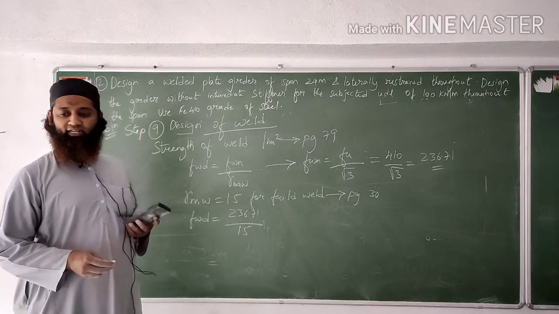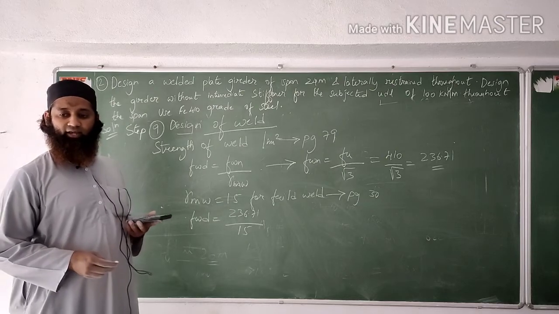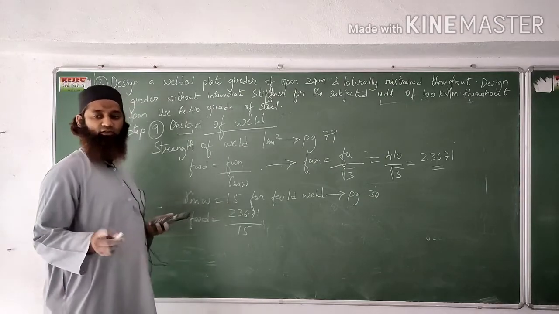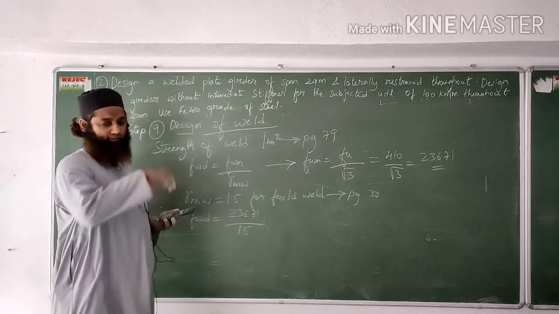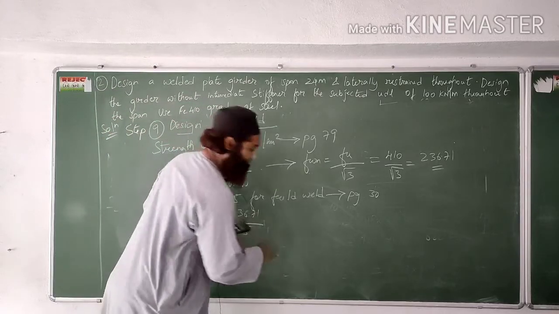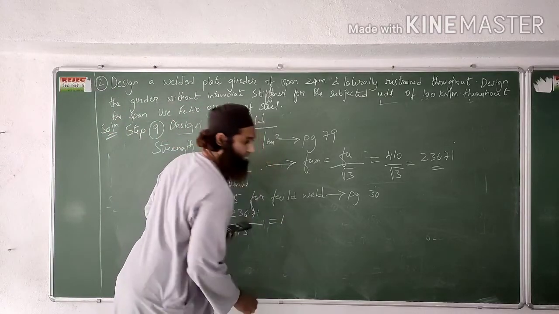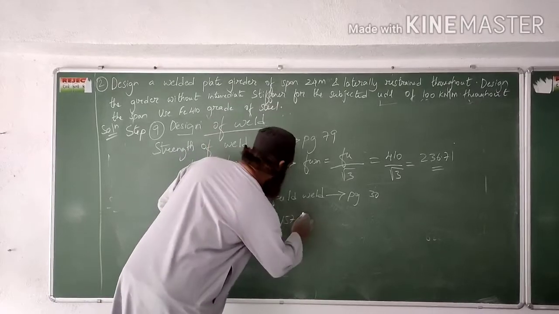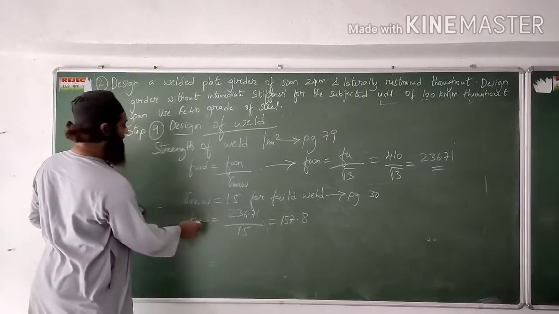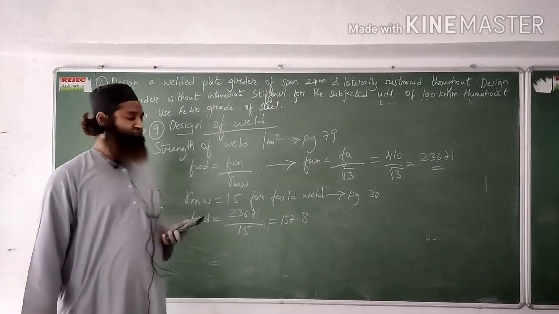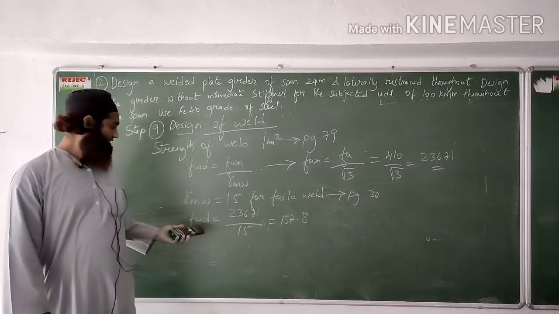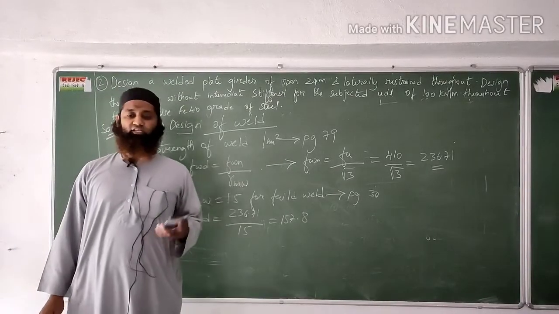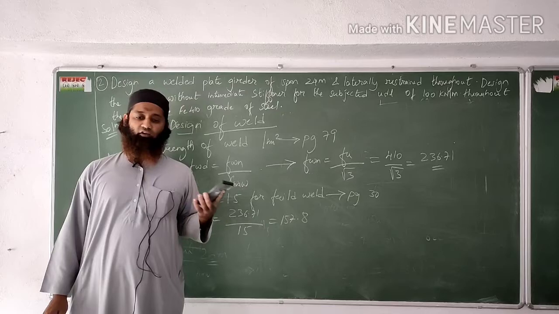I'm getting it as 157.8. Just check that value here, 157.8. So we have calculated FWD, that is 157.8. Simple.